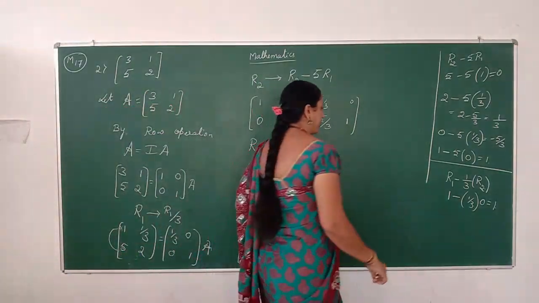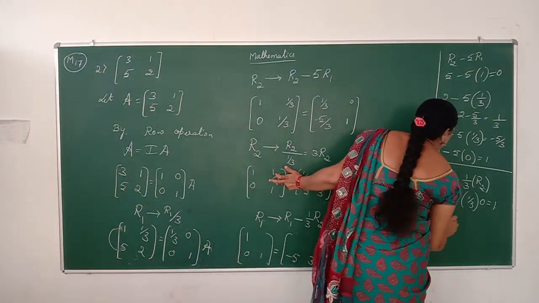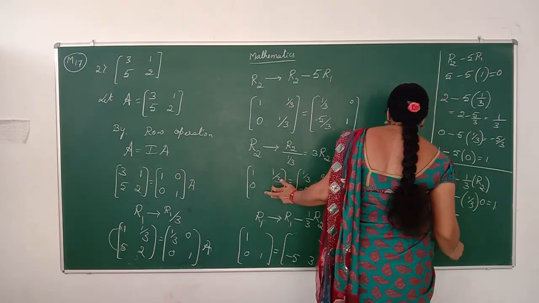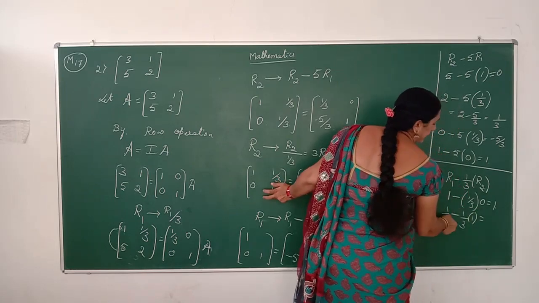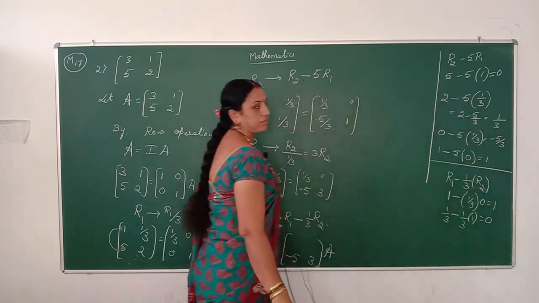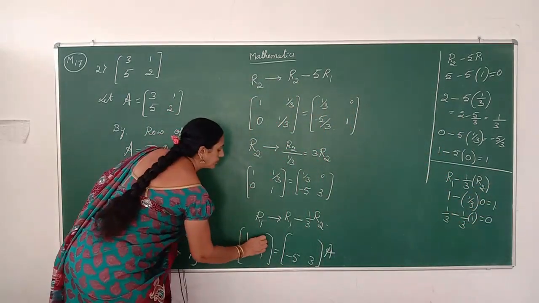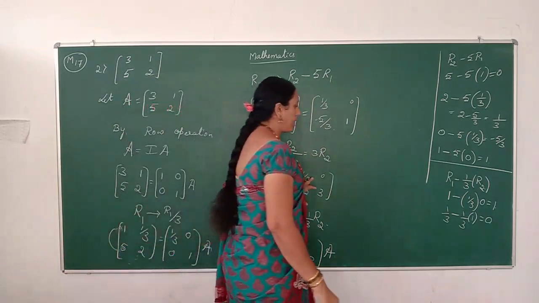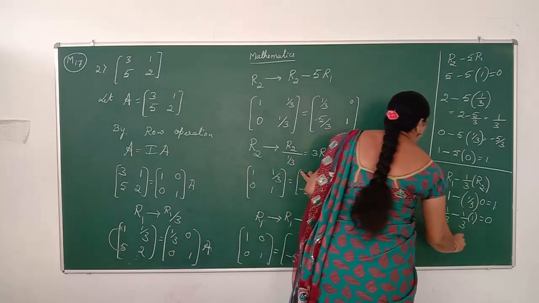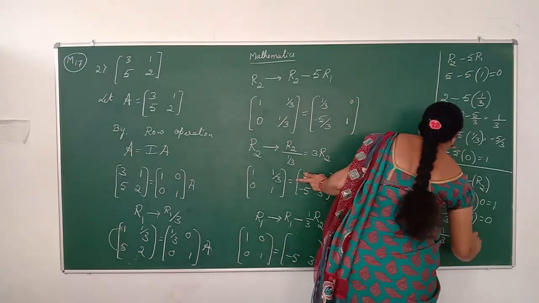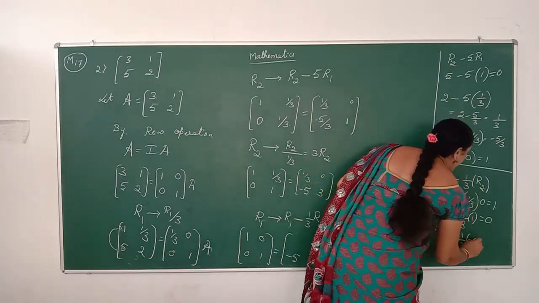Similarly, the second element of R1 is 1 by 3 minus 1 by 3 of R2 which is 1, again 1 by 3 minus 1 by 3 is 0.